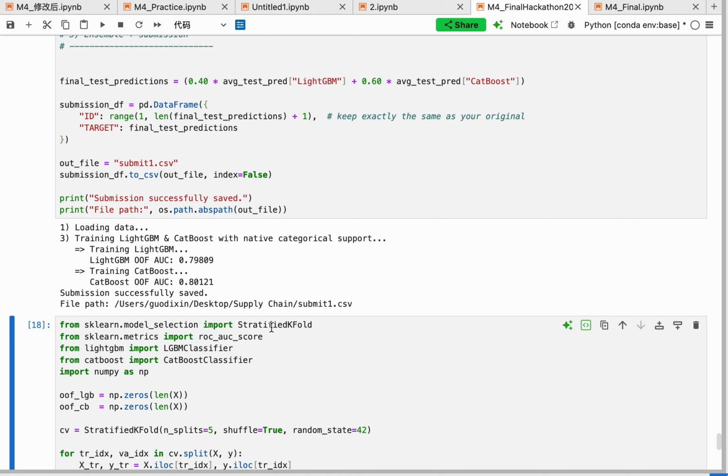This gap indicates mild overfitting, especially for CatBoost. However, the gap is not extreme, which means the model is not memorizing noise.